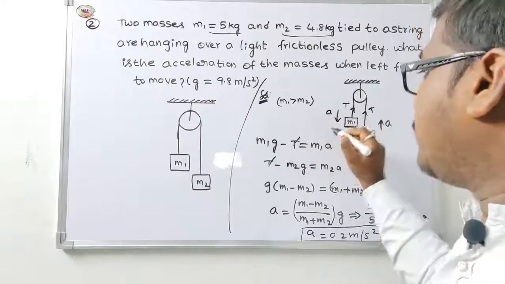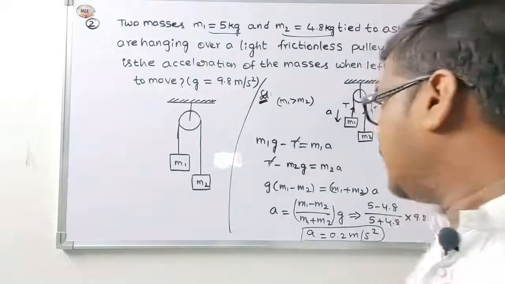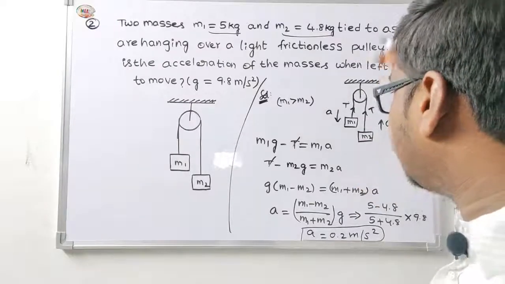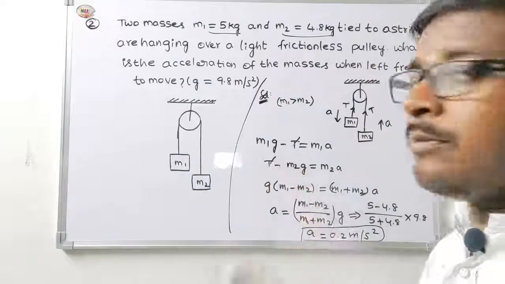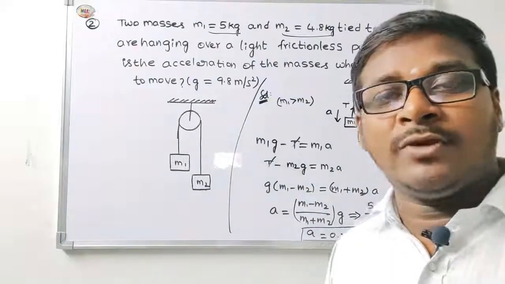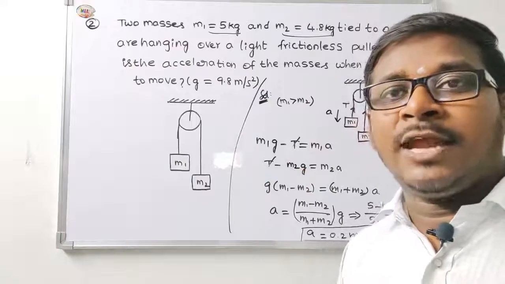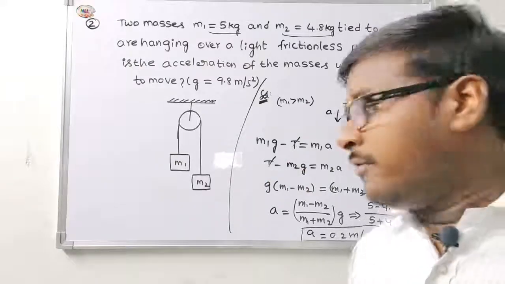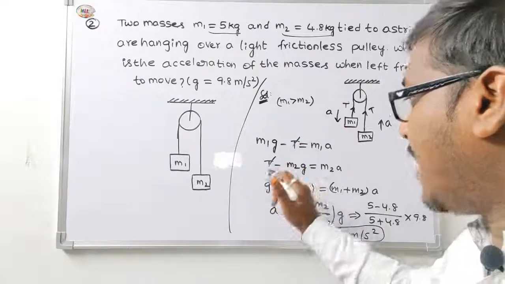m1 is greater than m2, so the acceleration acts in the downward direction on the m1 side and in the upward direction on the m2 side. The equations: m1g minus T is equal to m1a, that is equation number 1. T minus m2g is equal to m2a, that is equation number 2. From 1 and 2, the tension force, minus T plus T, these two cancel.